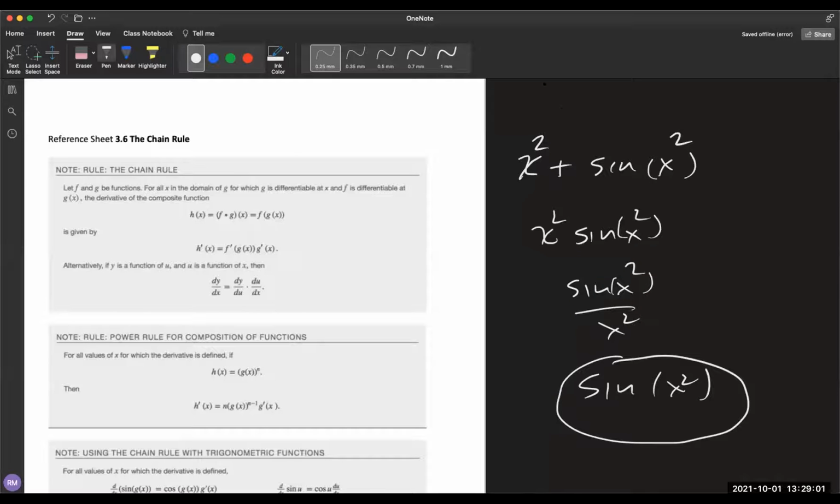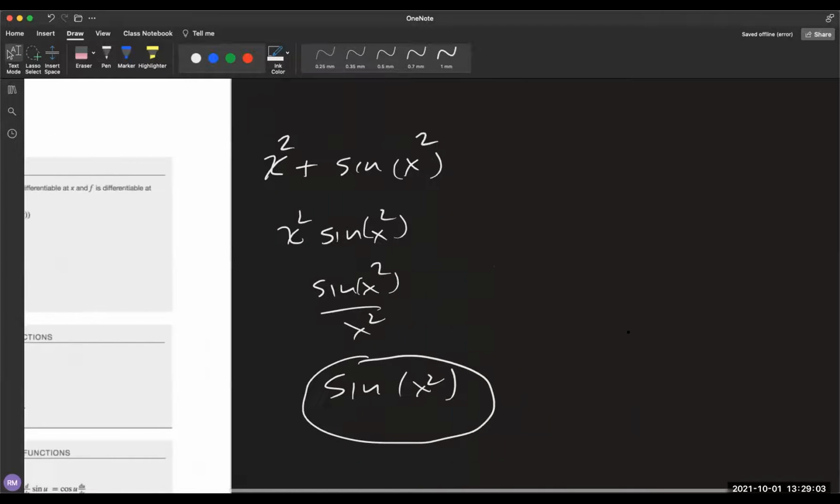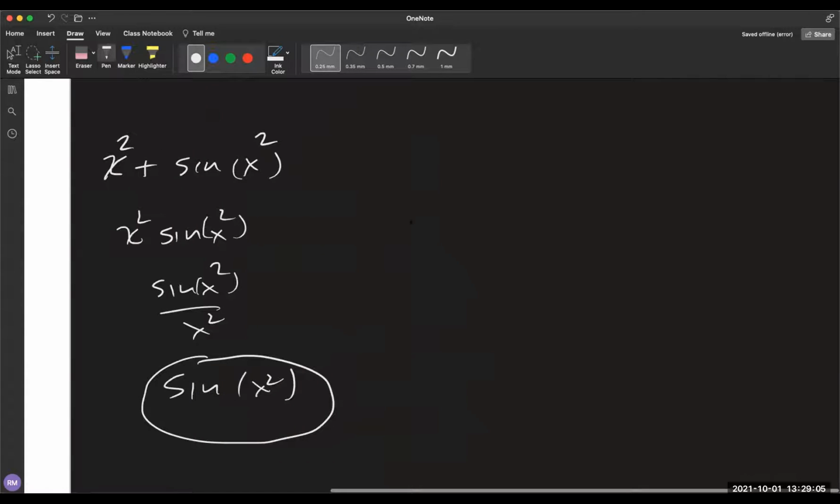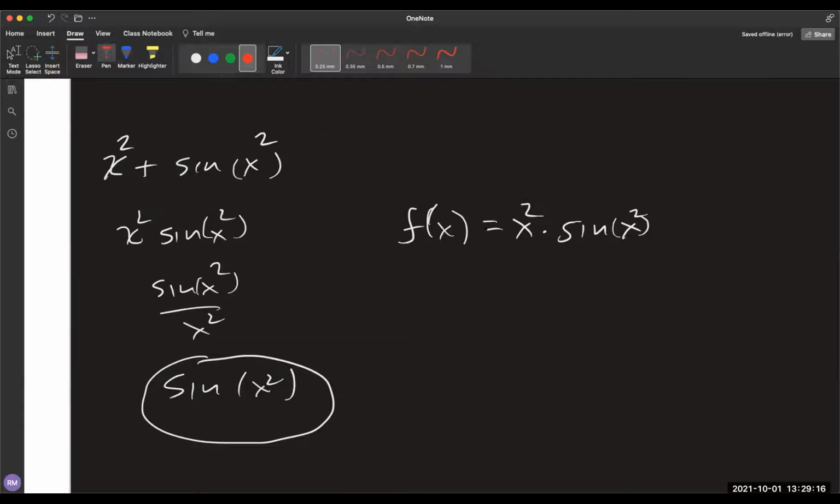As we think about taking the derivative of this one, if you had f of x equals x squared sine of x squared, that's a product rule. And so you would say there's your u, there's your v.